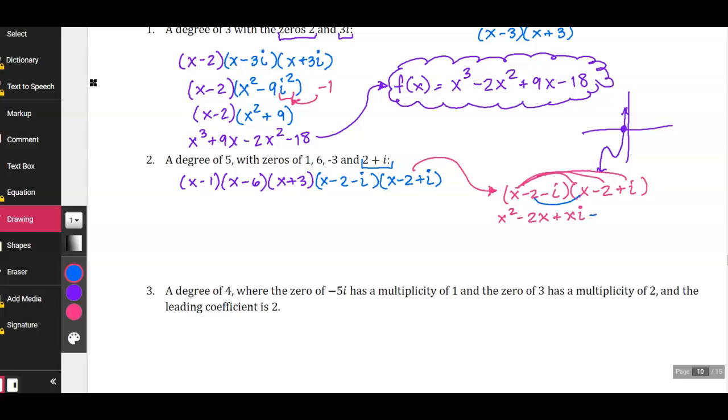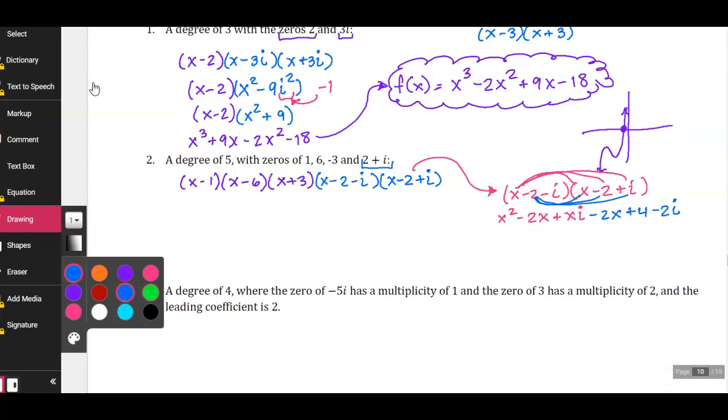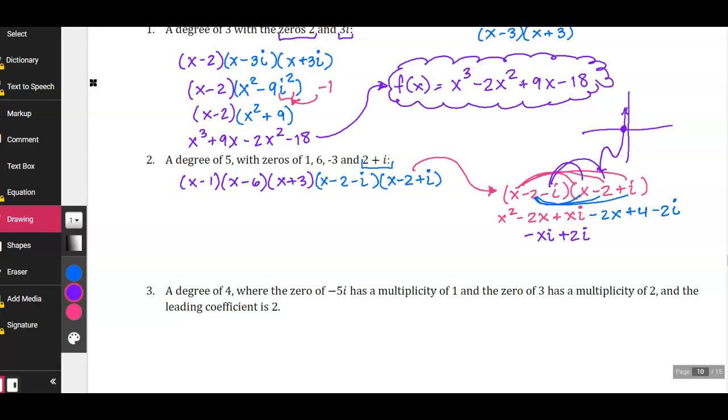Negative 2 times x, negative 2 times negative 2, negative 2 times i. And then lastly, I multiply negative i times x, negative i times negative 2, negative i times i.